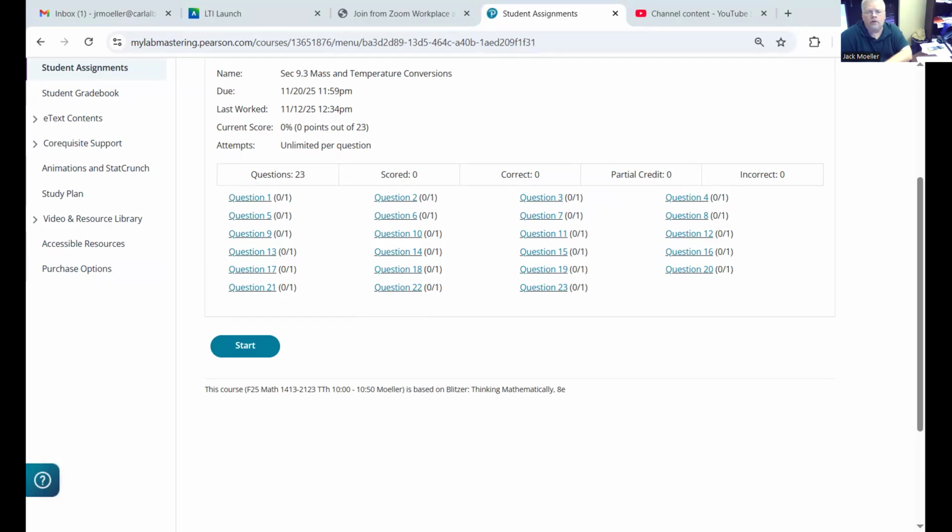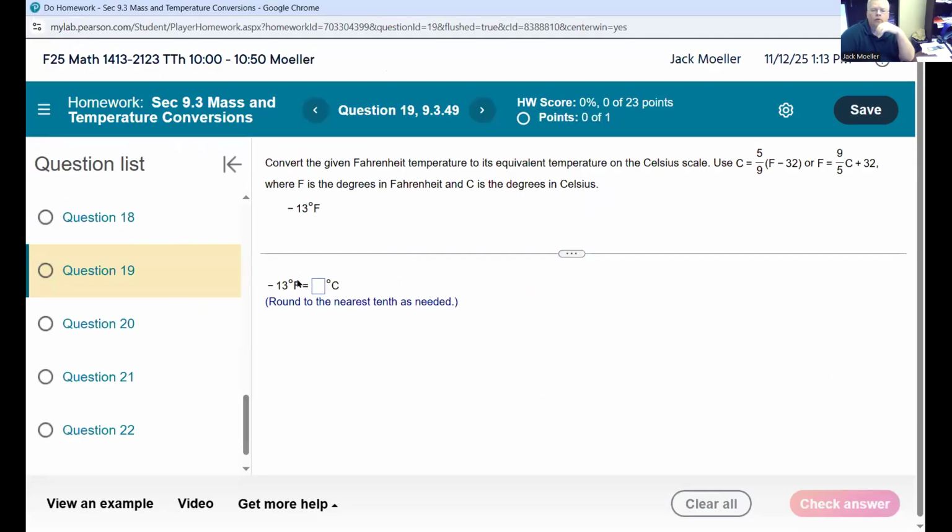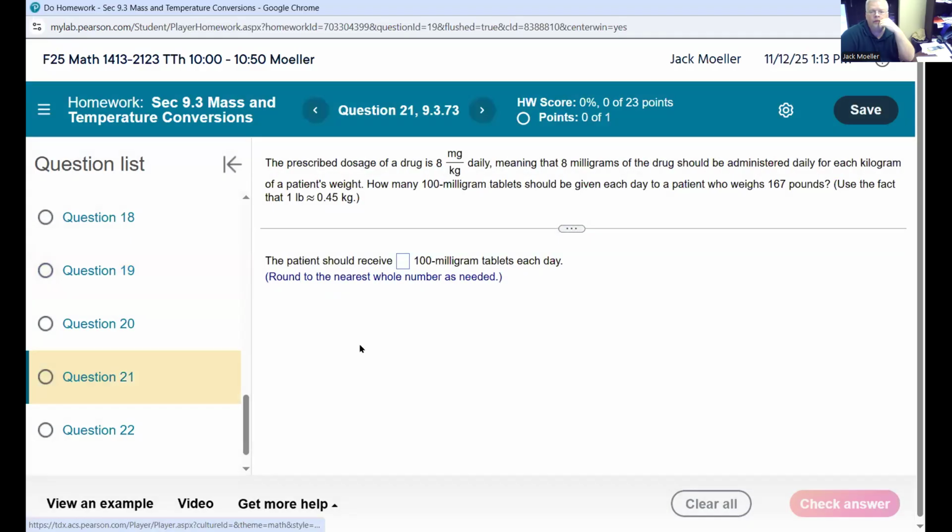All right, so here is that one we just did with negative 10 degrees Fahrenheit. Notice that in the problem, they give you the two formulas. You just have to know that since you're trying to find C, you're using C equals. We basically did that problem. Oh, there is a drug dosage calculation. Okay, so 62 is pretty much like 21.